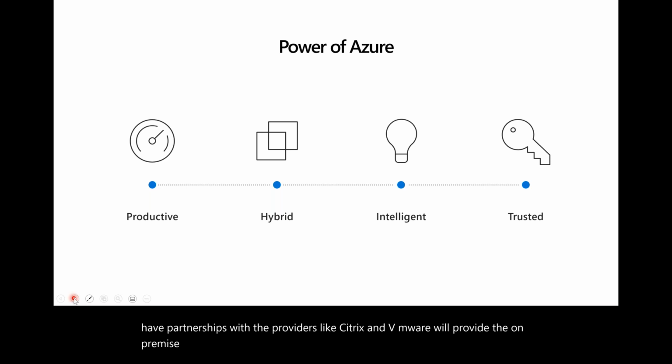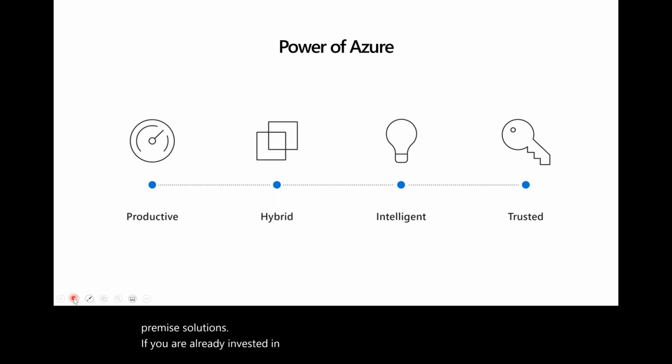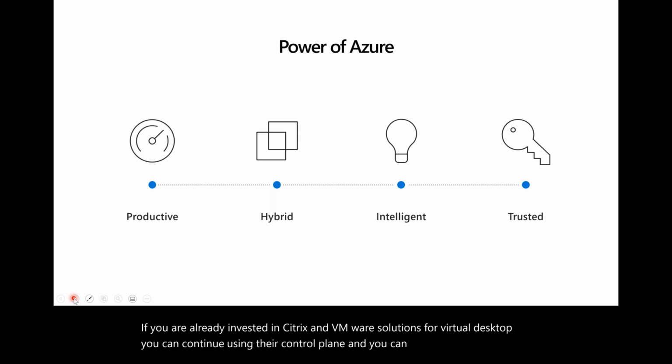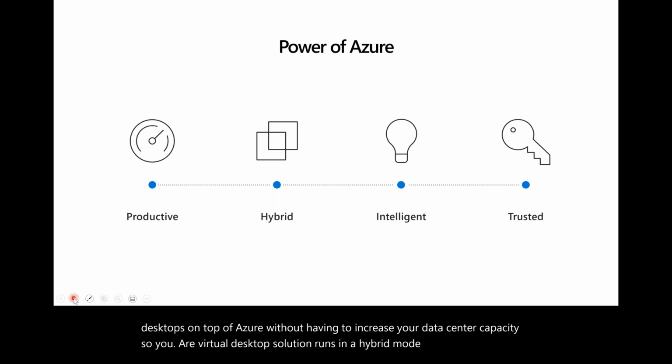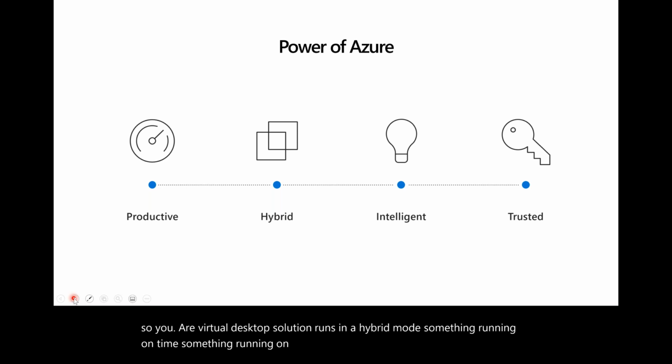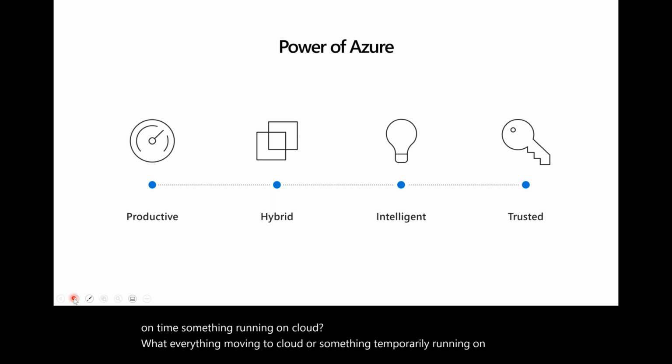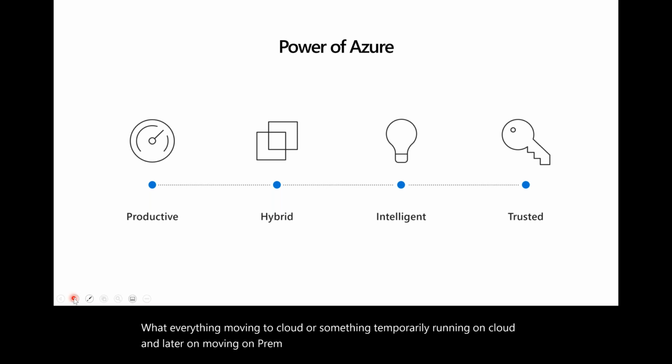If you are already invested in Citrix and VMware solutions for virtual desktop, you can continue using their control plane and you can deploy the new desktops on top of Azure without having to increase your data center capacity. So your virtual desktop solution runs in a hybrid mode, something running on-prem, something running on cloud, or everything moving to cloud, or something temporarily running on cloud and later moving on-prem. Whatever design scenario you have in mind can be addressed.